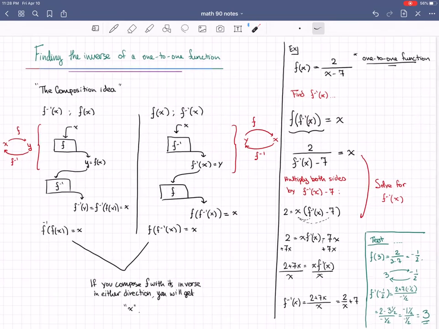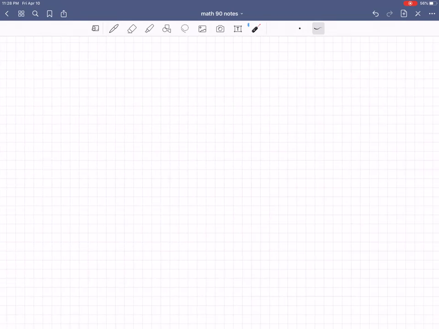Now, on the next page, I want to look at an example that some of you might find to be a little bit cleaner, okay?